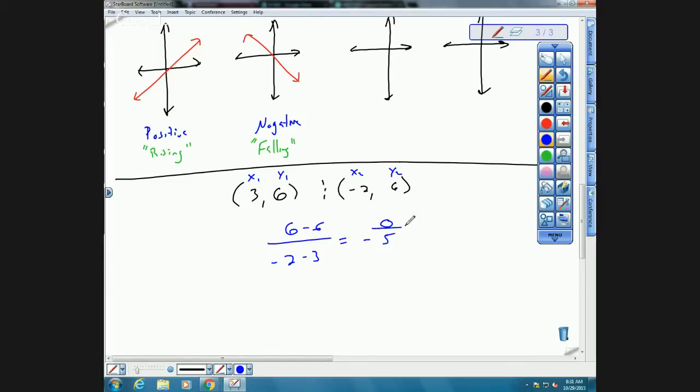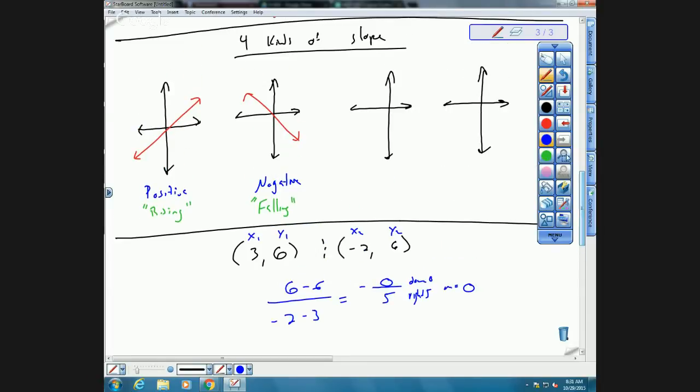What is 0 divided by any number? 0. So my slope here is 0. But what's this really mean? This means that I'm going down 0 and to the right 5. Okay, well, how's that work? So if I go to my graph up here, I'm going to just start at one of these points. So if I start at (-2, 6), say it's right here.